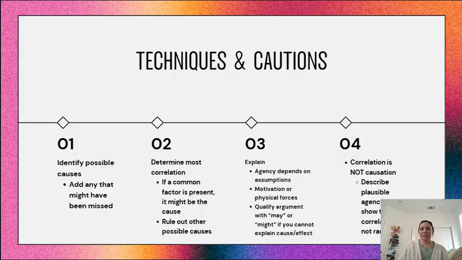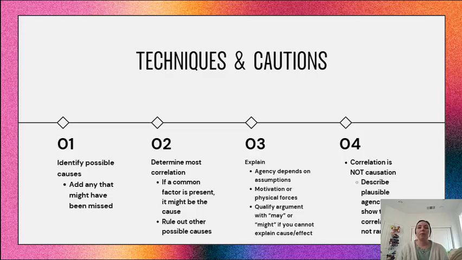Okay. Another technique, explain, explain, explain. Agency, this ability to show that something has happened, depends on assumptions. And so you have to keep those assumptions in mind. You have to make sure that you're not overgeneralizing. You may look for the motivation if it's a person, or physical forces if it's not a person that is a particular cause.